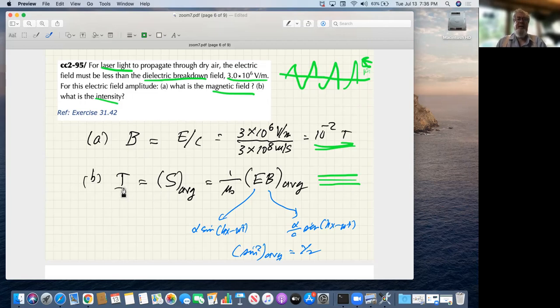All right, so that one is pretty straightforward. That one's pretty easy. It just uses these simple equations from the equation sheet. And this is a problem from the homework assignment. And you could have problems like this on the exam where you just need to know the equations. Actually, this problem is a problem in the book in chapter 31.